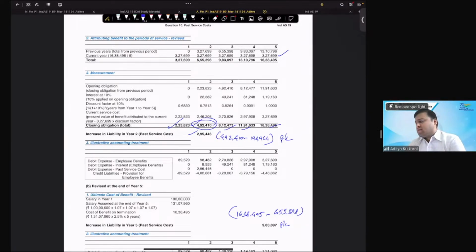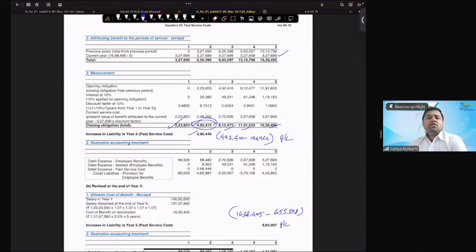Then we saw questions that involved build-up. We saw the projected unit credit method application, whereby we divide the total amount payable, determining the ultimate cost of benefit and spreading it over the years that the employee is expected to serve. Once I spread it, I will calculate the present value of those units, and that present value is what is known as current service cost.